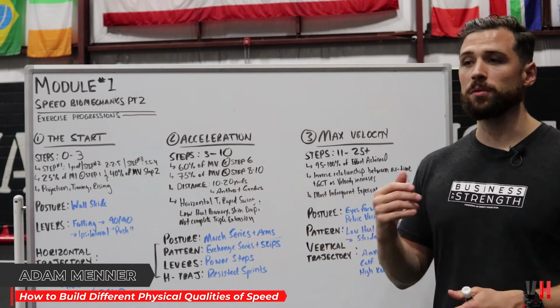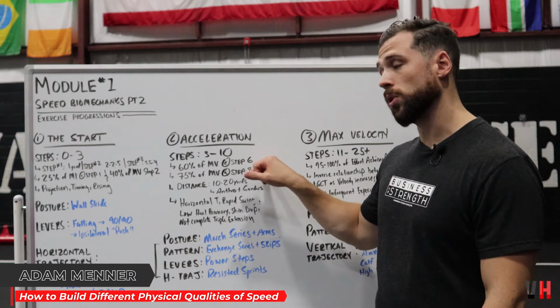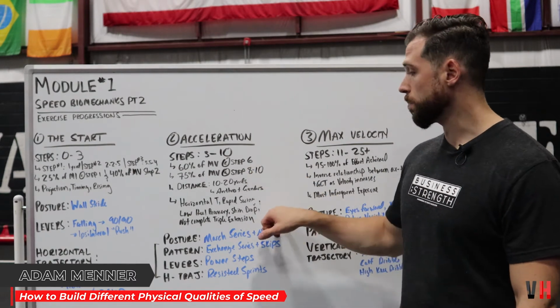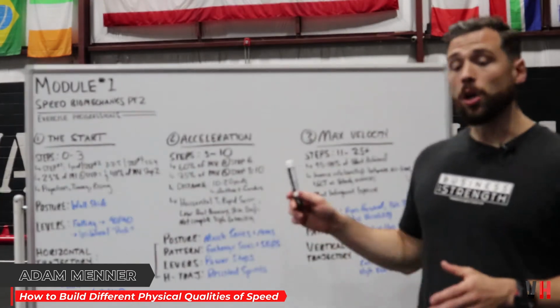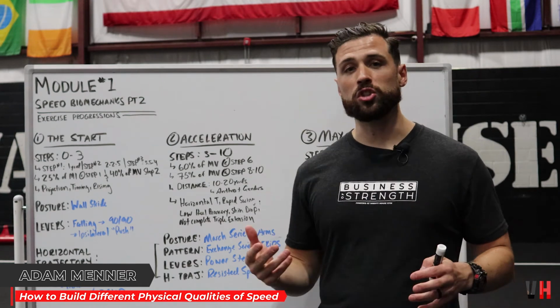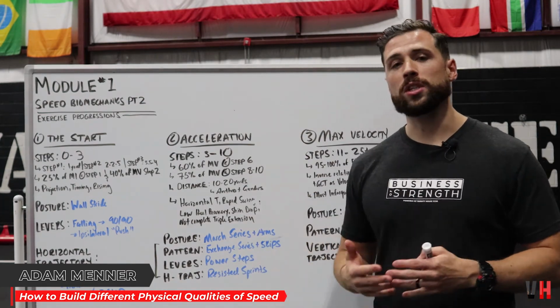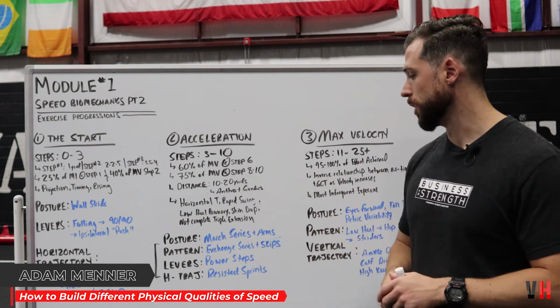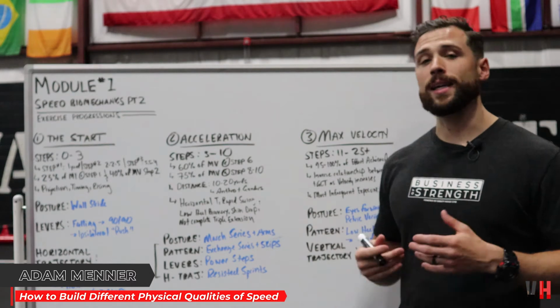A power step can be up to 5 to 6 steps. So now I can get all the way up to step 6 here with my power step where I'm still pushing back into the ground and I'm still a little bit more forward leaned because I'm looking at my horizontal trajectory. Lastly, like I just alluded to, horizontal trajectory is still a part of acceleration. So this is where resisted sprints play a big role.